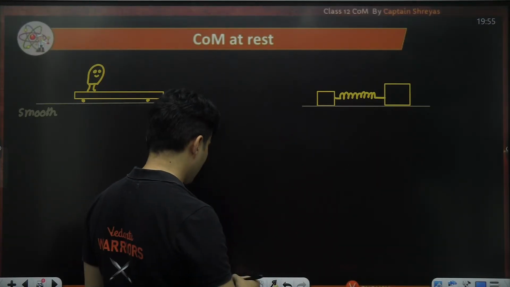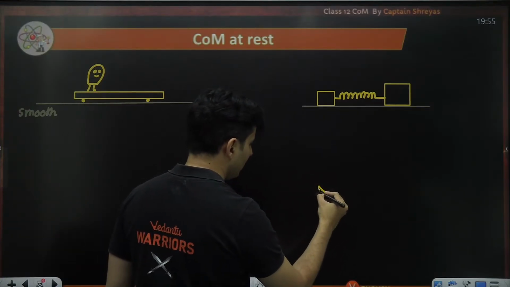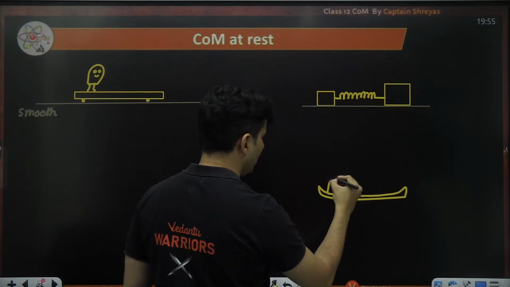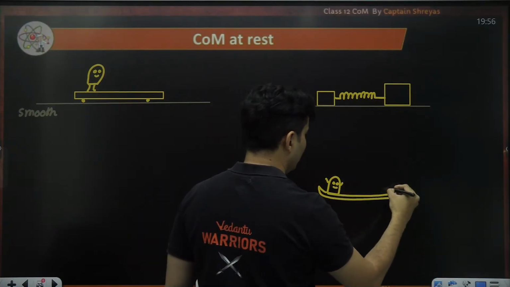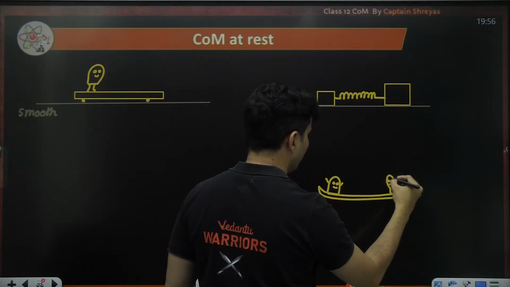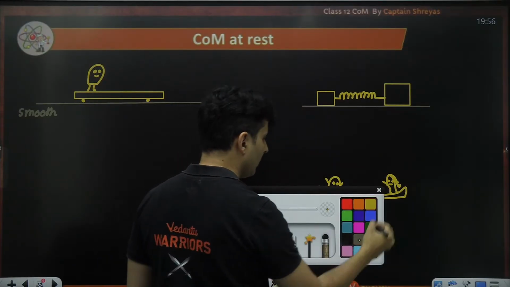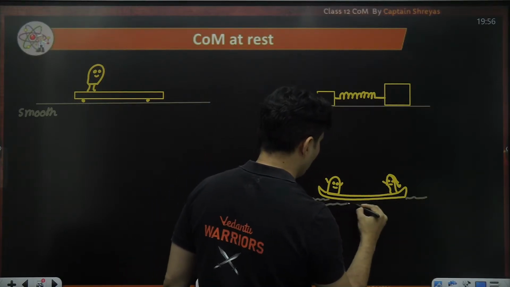Or let's say another example where there is a boat like this, there is a Pandu here, and there is a beautiful Champa over here, and they are floating on a lake.